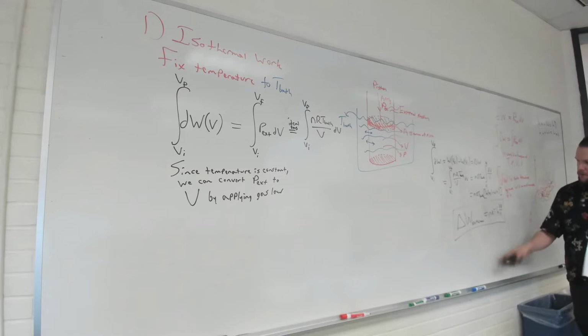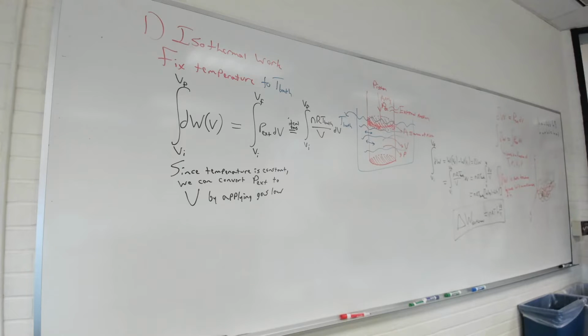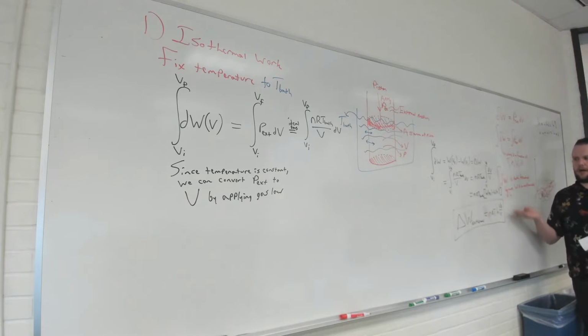Notice that this is completely independent of the gas. Every gas compresses exactly the same. Ideal gas, just like we saw before, every ideal gas does everything exactly the same. And that's no different here. There's nothing here about the physical properties or the physical behavior of a specific gas. It's completely universal.